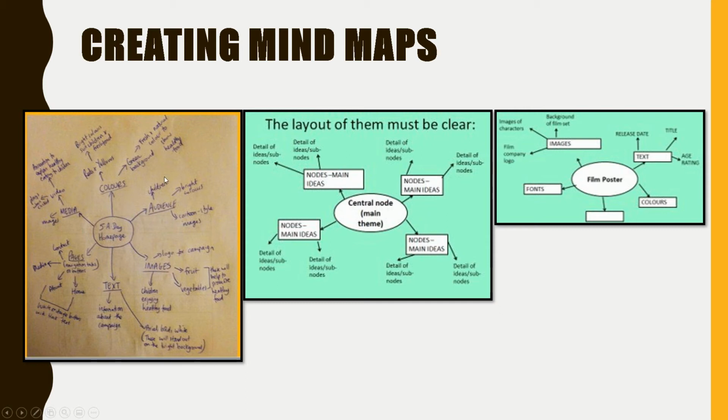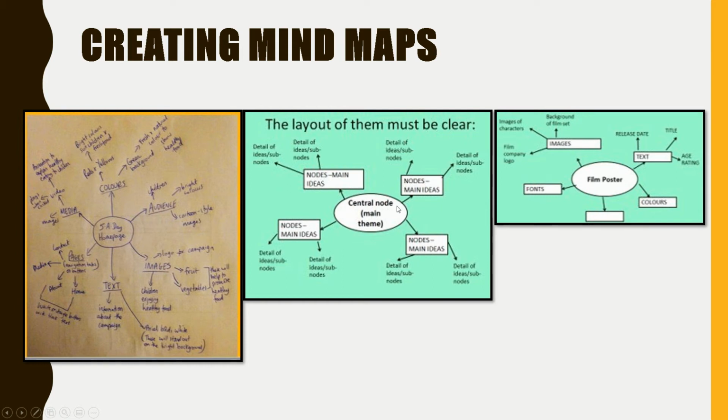So obviously the layout of your mind map needs to be clear, needs to be understood. So for example, also on the left side here, 5-a-day homepage, you got your images, what those images may be, the text, what that text may look like, pages, what different pages will be included on your website, so on and so forth, and what type of media there will be as well, and who's the audience, children, so on and so forth.